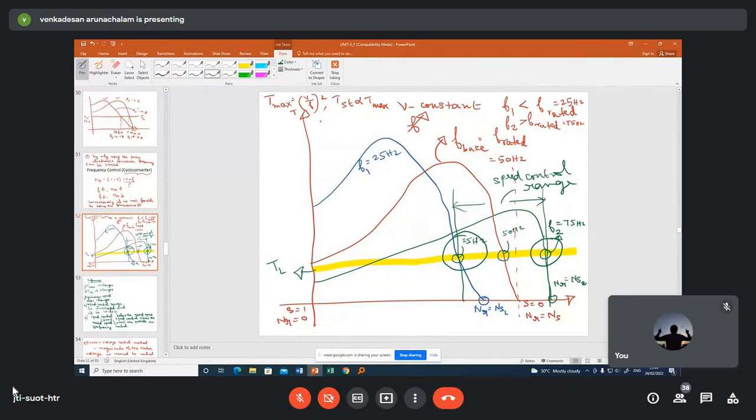So both are possible in frequency control method. That is not possible in voltage control method. Only below the rated speed it is possible. Above the rated not possible because you cannot increase the voltage more than the rated one. That creates insulation problem. So these are all the inferences from voltage control and frequency control.